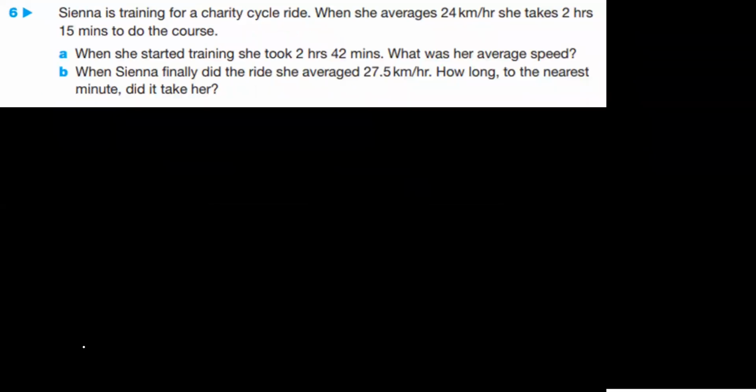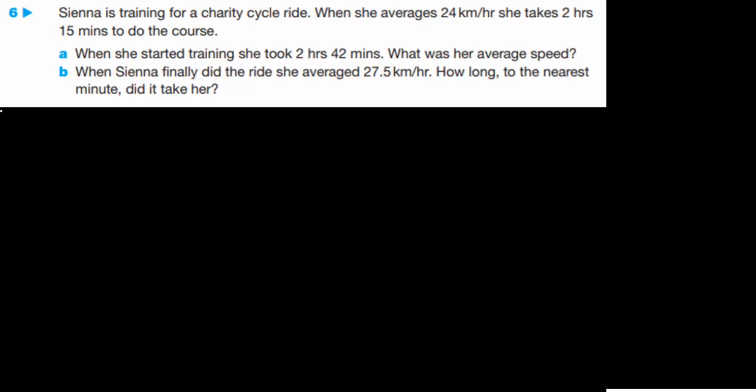Question 6. Sienna is training for a charity cycle ride. When she averages 24 kilometers per hour, she takes 2 hours 15 minutes to do the course. A star question states when she started training, she took 2 hours 42 minutes. What was her average speed?